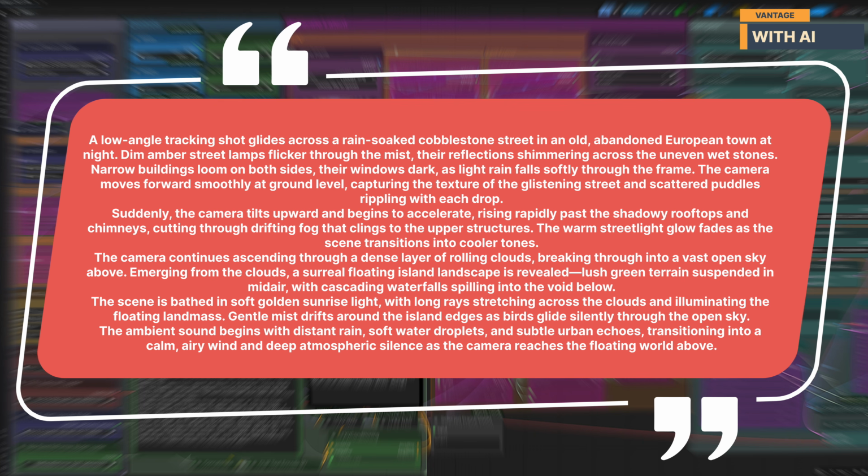Then, the camera tilts upward and accelerates, rising past rooftops and fog, smoothly transitioning from a dark, moody urban setting into a bright, surreal sky. Finally, it breaks through the clouds to reveal a floating island landscape bathed in warm sunrise light, shifting the entire scene from grounded realism to a dreamlike cinematic fantasy. Let's run it.